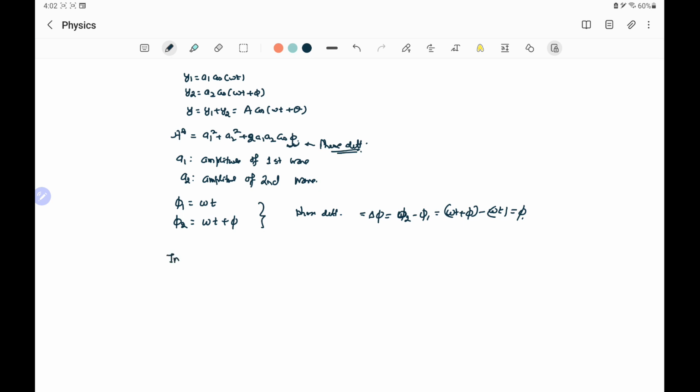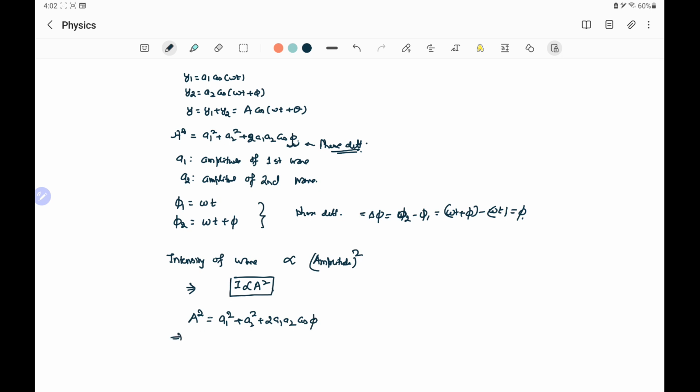Because the intensity of a wave at a point is proportional to the square of the amplitude, I is proportional to A square. Using this, we can find the relation in terms of intensity from A square equal to a1 square plus a2 square plus 2 a1 a2 cos phi.